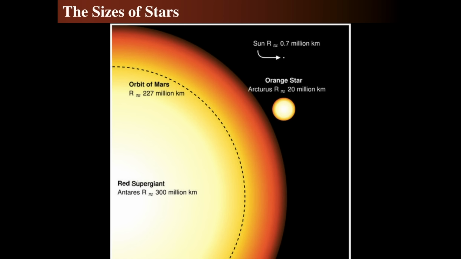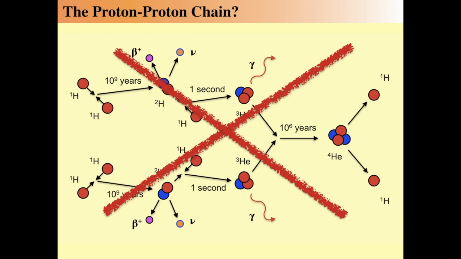And if we then look at the red supergiant Antares in Scorpius, it's extraordinarily large, larger than the orbit of Mars. And so these are the red supergiants. So red supergiants exist like Betelgeuse.